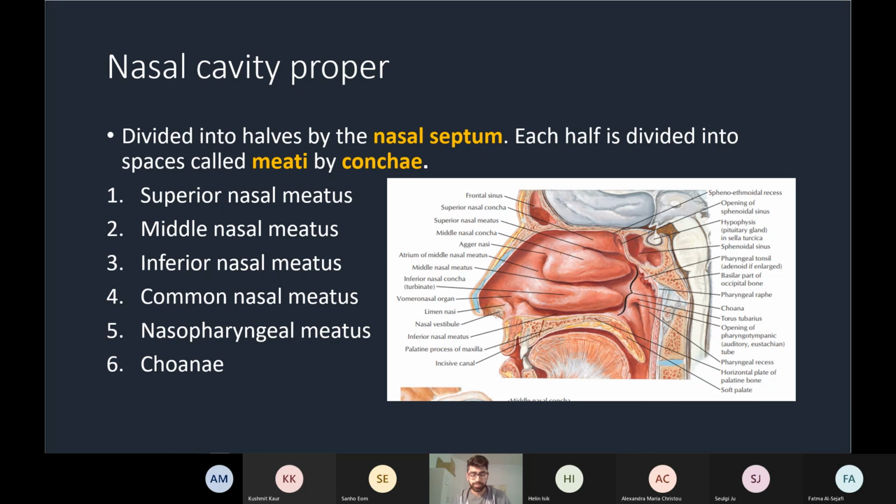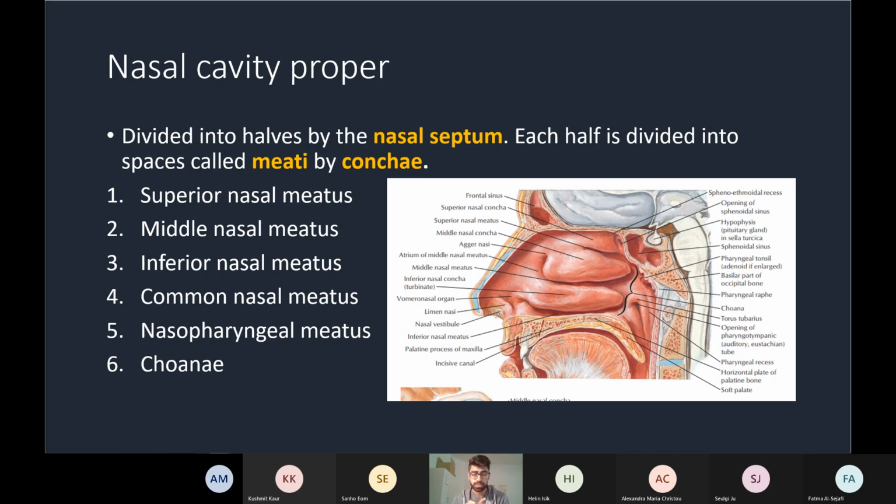And you're probably wondering, why do we need to know these spaces? The spaces are important to know because various sinuses or cells drain into these regions. What drains into the superior nasal meatus?